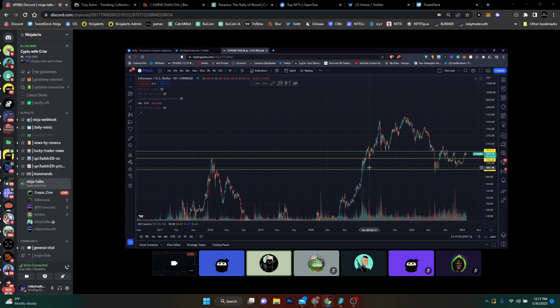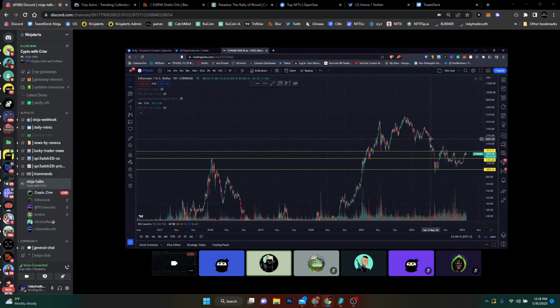Not really support or resistance, just a pivotal price action point, meaning it could have been a previous support, a previous resistance, or either.